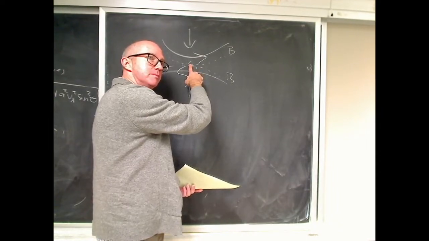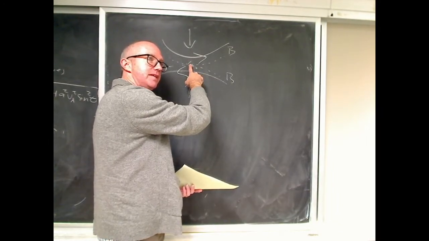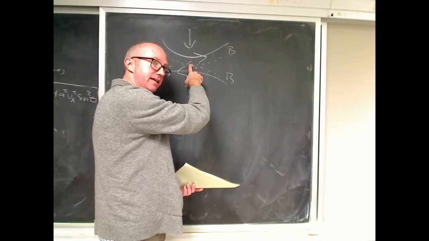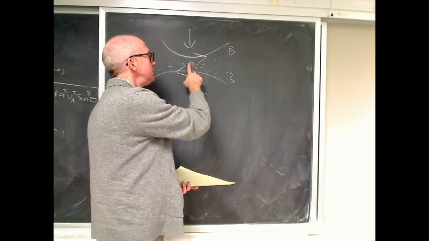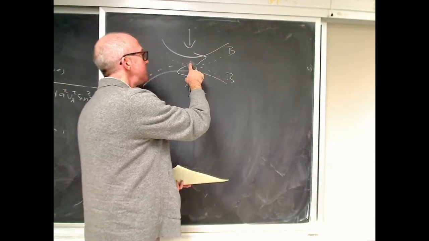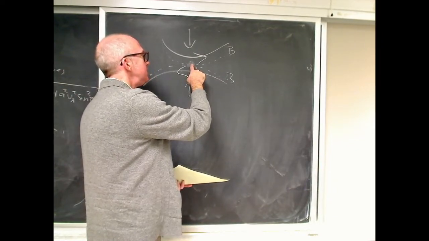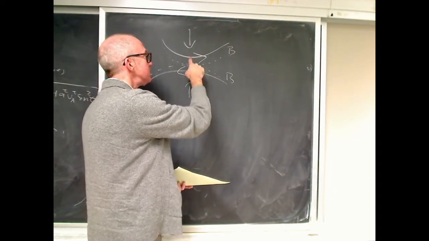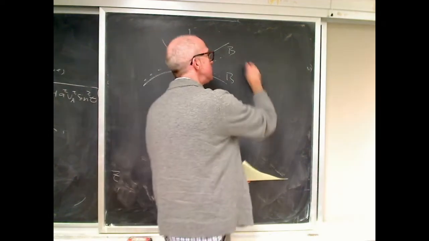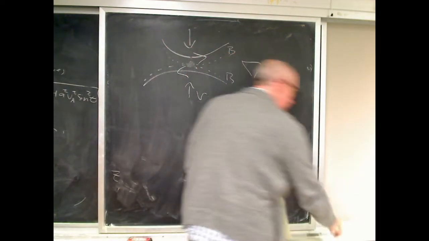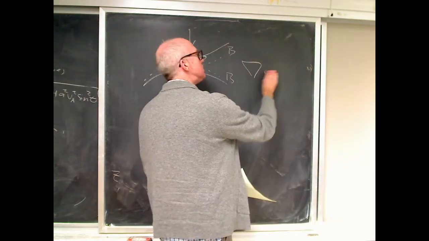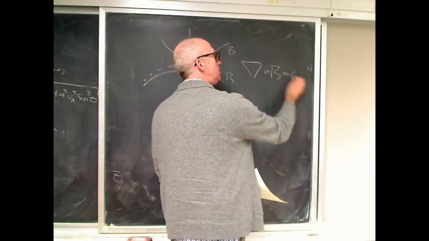Now that's a problem because the field can't have an end. So if I'm going to eliminate the field here, then this one has to connect to something else. So reconnection is really all about our favorite of Maxwell's equations. Div B equals 0.